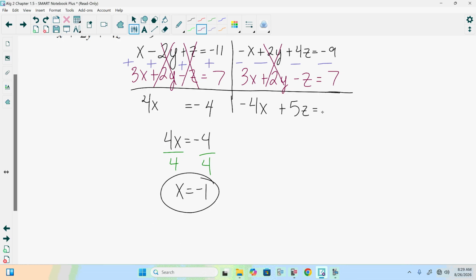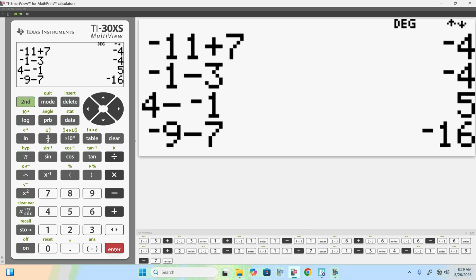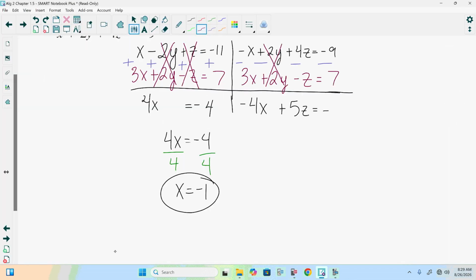Negative 9 minus negative 7, or negative 9 minus 7. It's going to be negative. Because we're just taking away from a negative, so it's going to be a bigger negative.